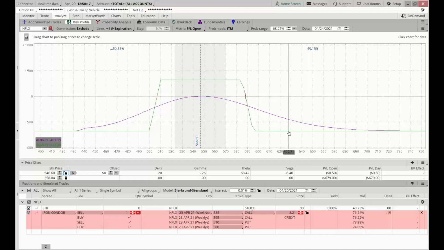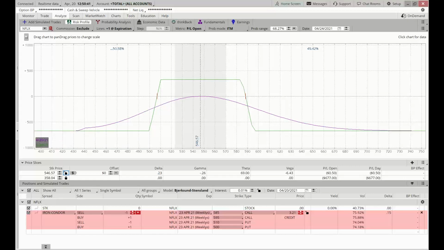A risk of 680 to make 320. So that's the risk reward ratio, 320 by 680. Risk 680, reward 320. Okay, so there's an iron condor. It's got a high probability of being a winner. However, the risk is somewhat substantial.